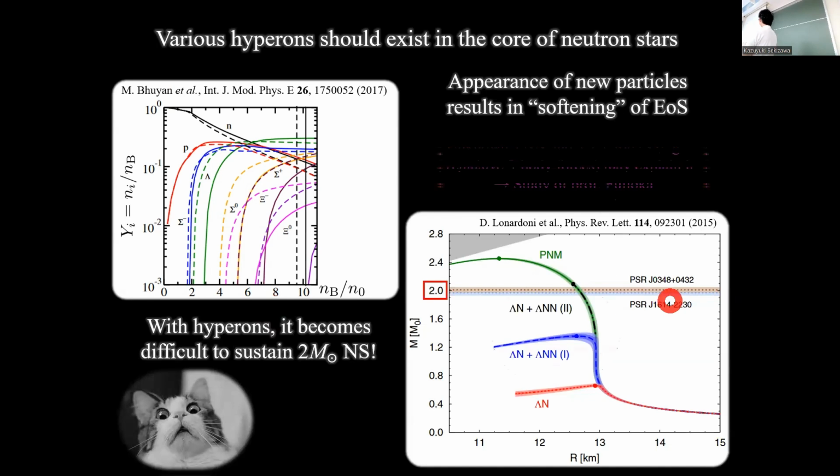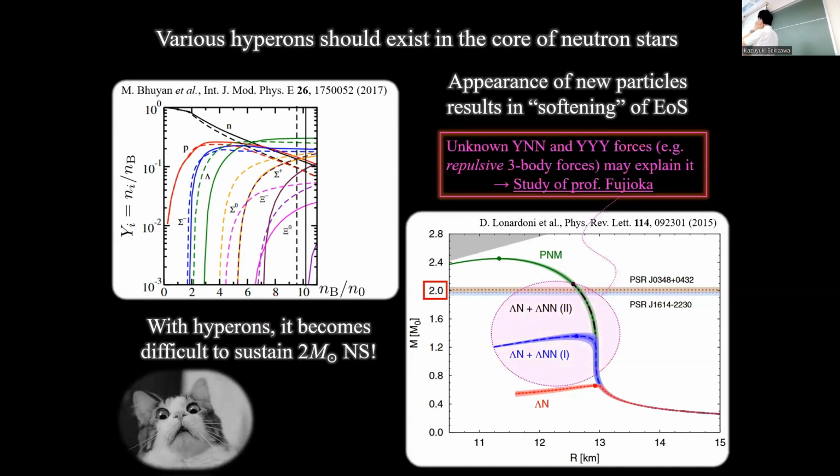So it is the so-called hyperon puzzle. Naively, there should be some new particles in the higher density region when we consider the energetics between those particles. But by introducing those particles, it will be difficult to explain this 2 solar mass neutron star.